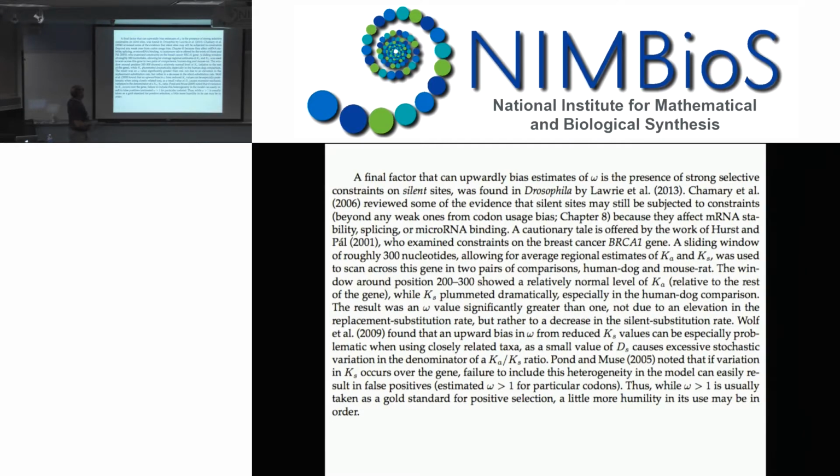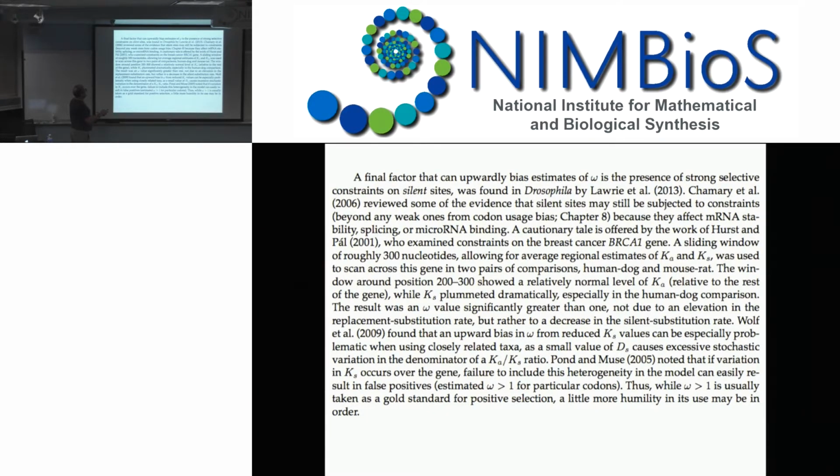A fun paper in Drosophila showed that there's a lot more constraint on third base positions than you might imagine, and those constraints aren't related to codon bias. They speculate they're related to maybe stability or splicing or microRNA binding.